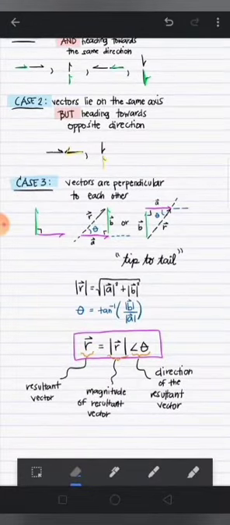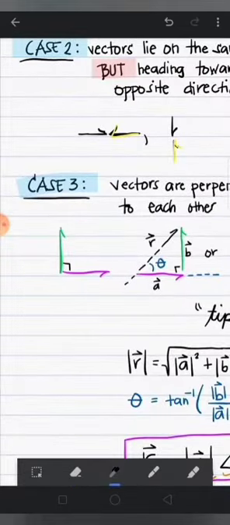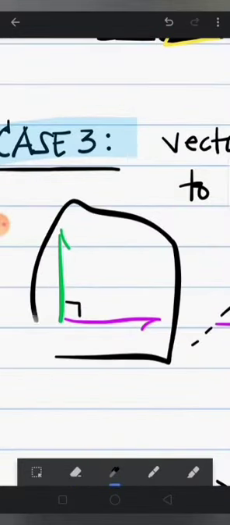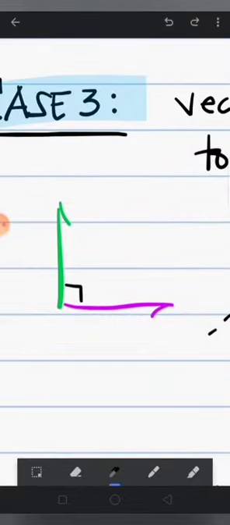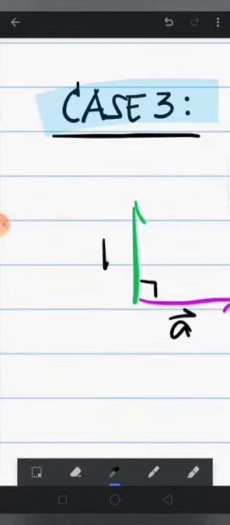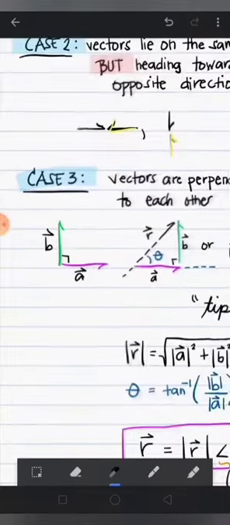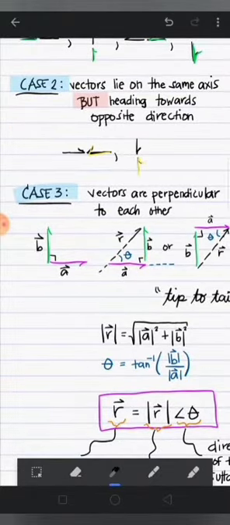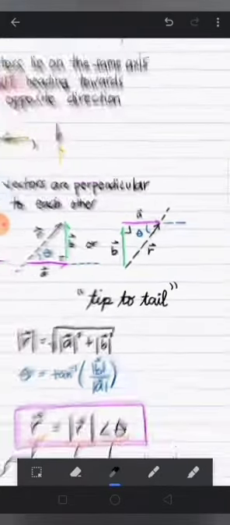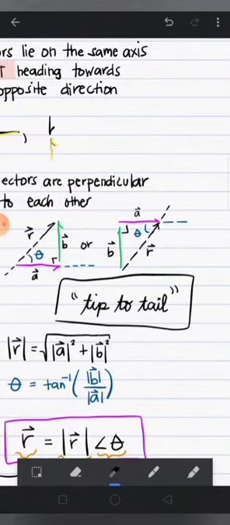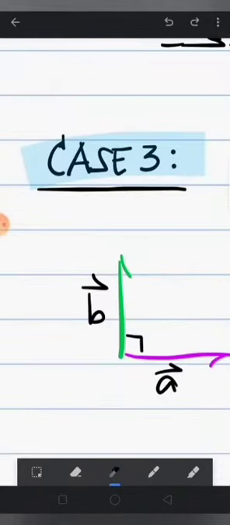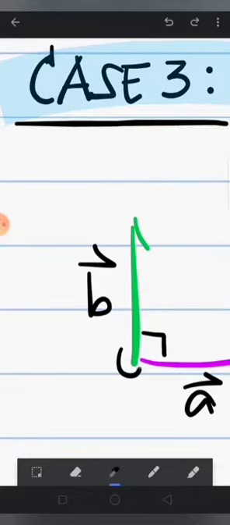Then the third case is if we add vectors that are perpendicular to each other, meaning 90 degrees, just like this configuration. So if this is vector A and vector B, what is now the resultant? Or if I want to represent it with just a single force vector, how? The method here is what they call tip to tail. This is the tip of the vector, the arrow, and this is the tail.